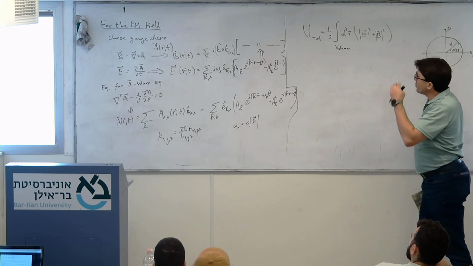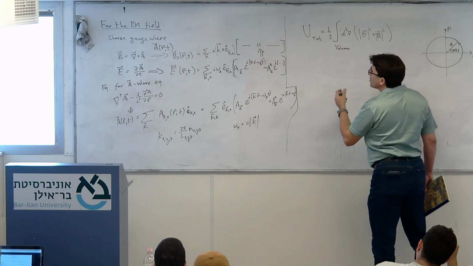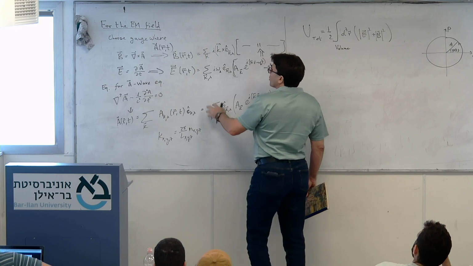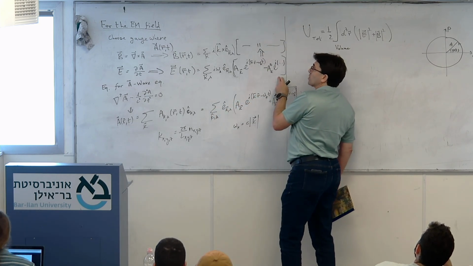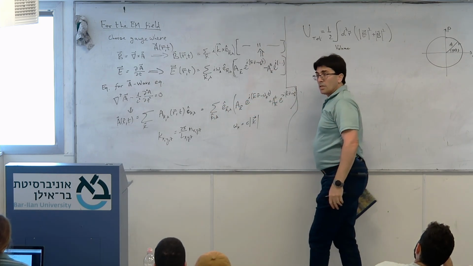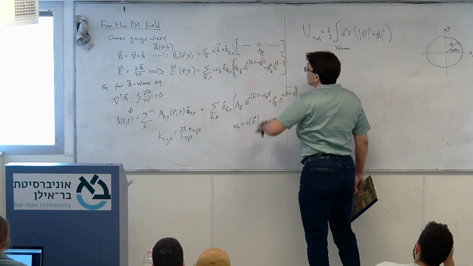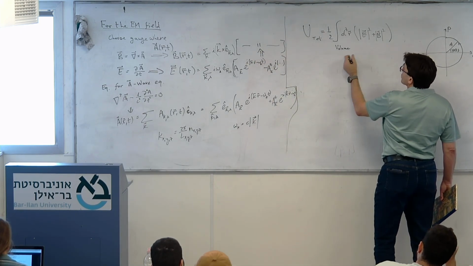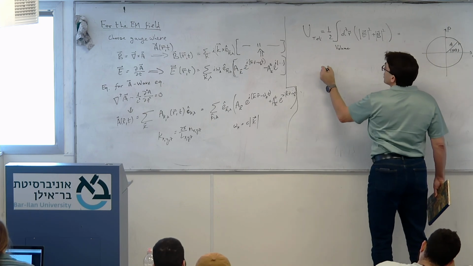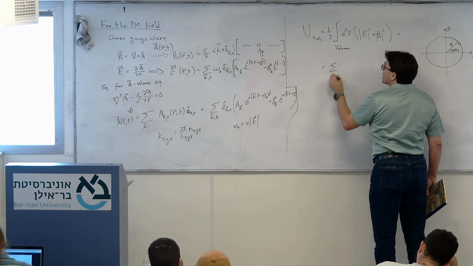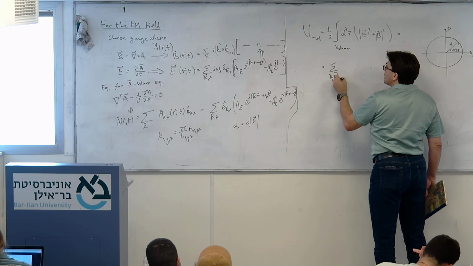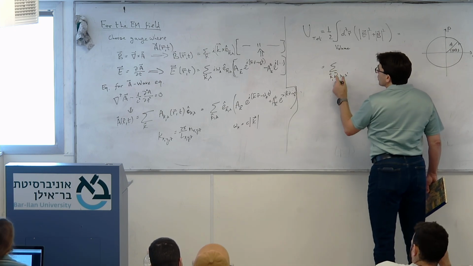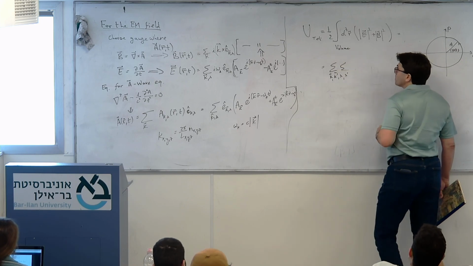We multiply this, which is a complex function, by its conjugate, and this one by its conjugate. So that will normally be a sum over k and k prime, and lambda prime.